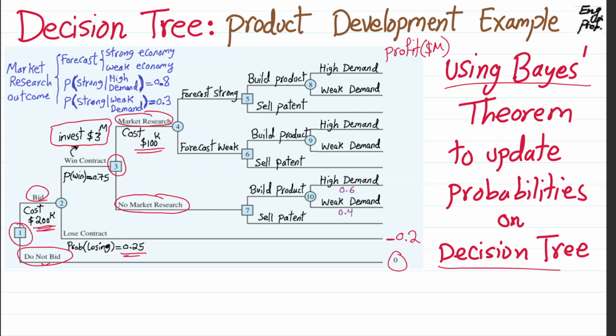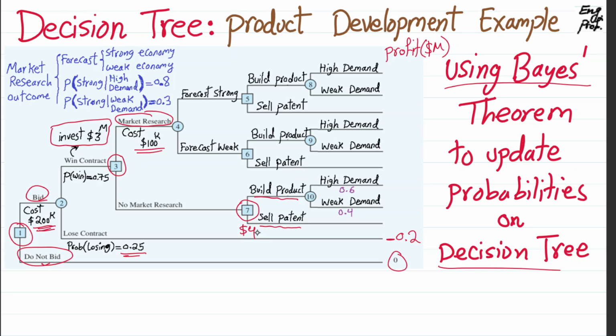So let's look at the no market research scenario. We get to decision node number 7, and we have the alternative decisions to either build the product directly ourselves or sell the IP rights or patent to somebody else. Let's say if we sell the patents or IP rights, we're going to get $4 million for the patents.